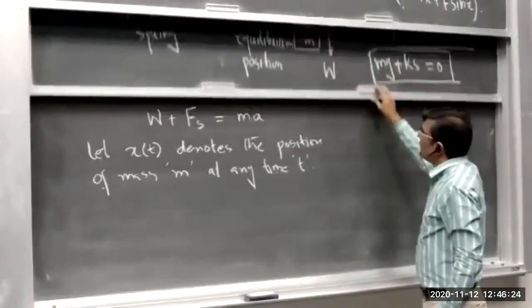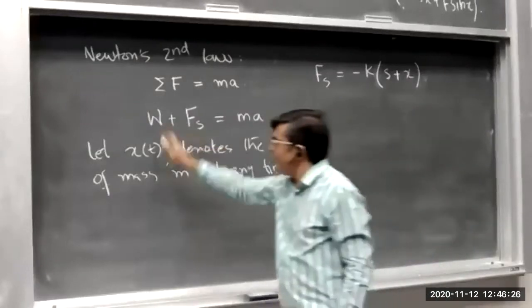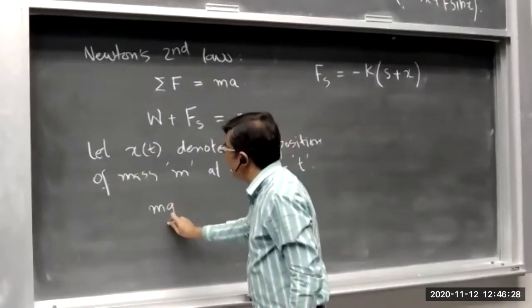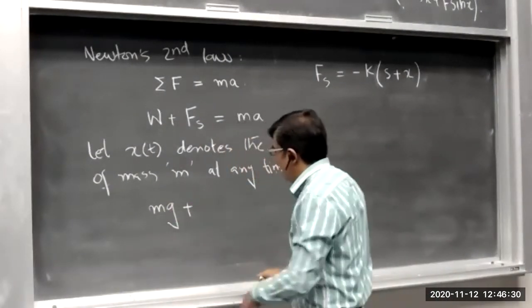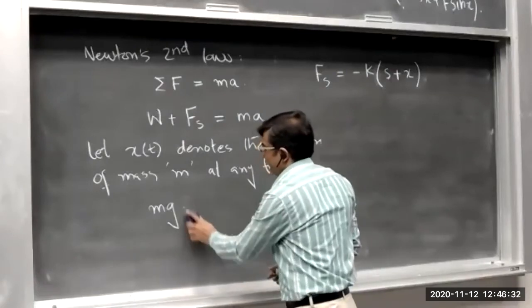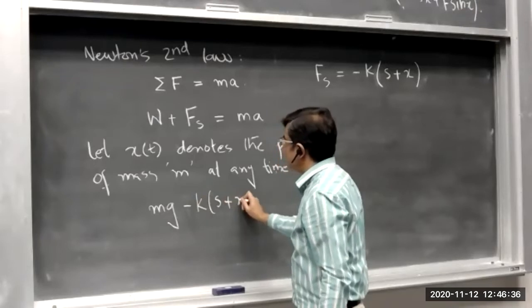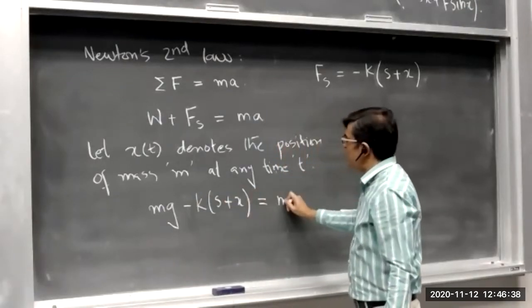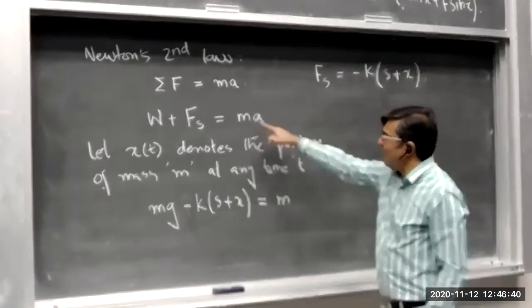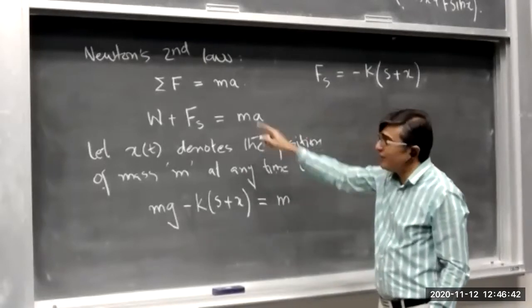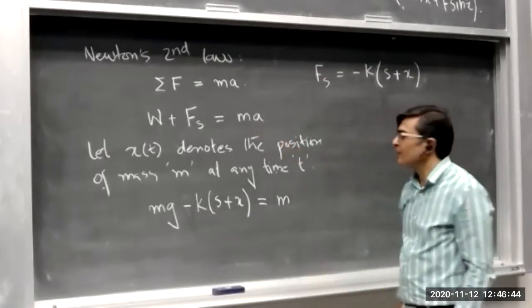Now, in this situation, the weight is mg, and Fs is minus K times (S plus X), so mg minus K times (S plus X) is equal to m times A. A is the acceleration of the moving mass.